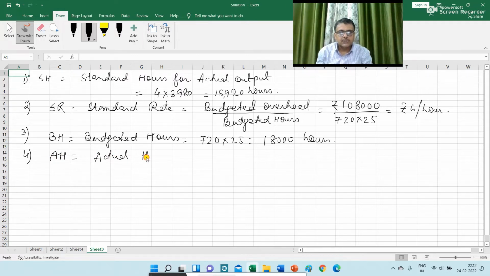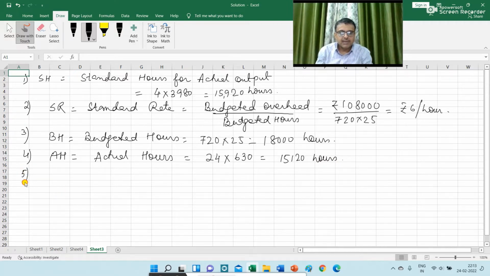Actual hour is 24 actual working days in June 2021 into 630 hours for each day, which is 15,120, the actual working hours in June 2021.